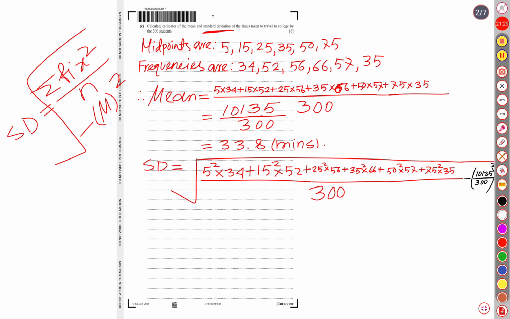Using our calculator, the standard deviation is the square root of 5 squared into 34 plus 15 squared into 52 plus 25 squared into 56 plus 35 squared into 66 plus 50 squared into 57 plus 75 squared into 35, minus 10135 over 300 whole squared, equal to 20.4. So 20.4 minutes is the standard deviation of this data.